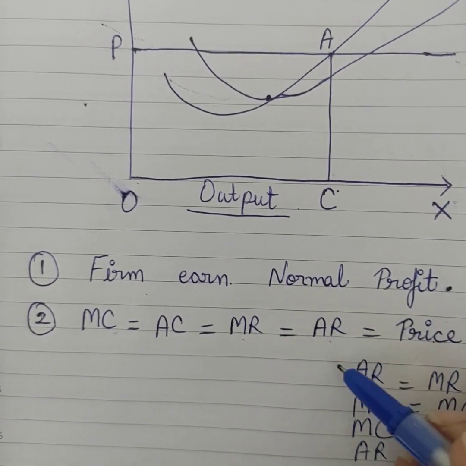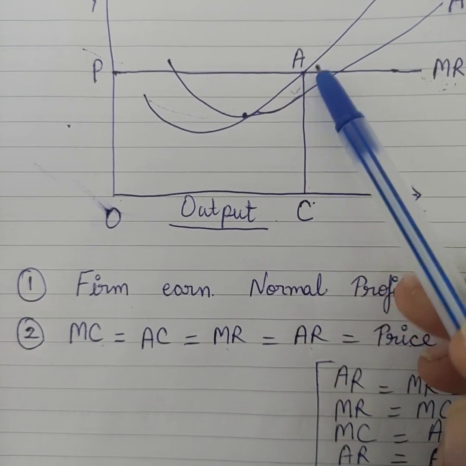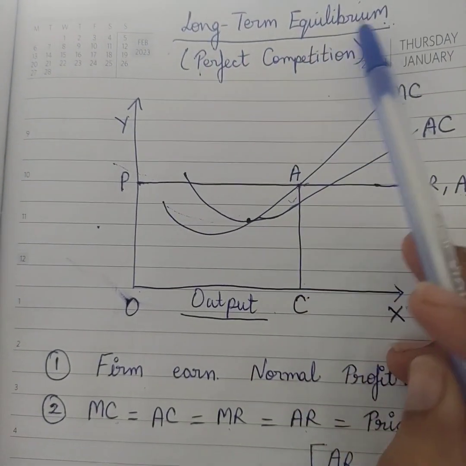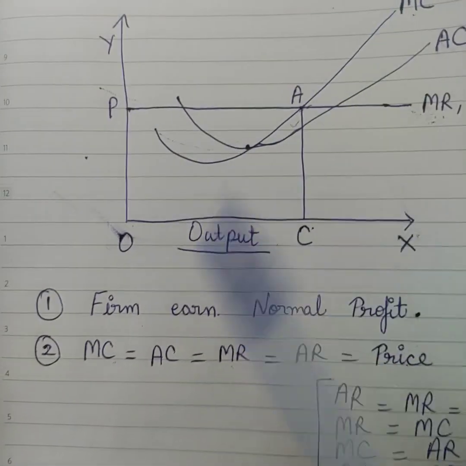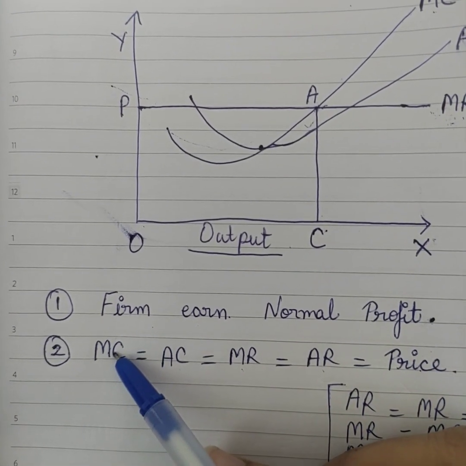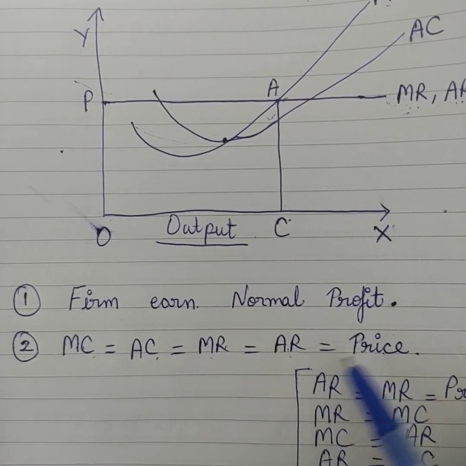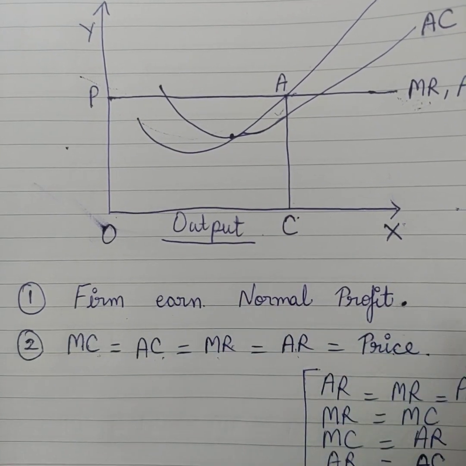So at this point in long term equilibrium in perfect competition, everything becomes equal. Marginal cost, average cost, marginal revenue, average revenue, and price all become equal at this point.